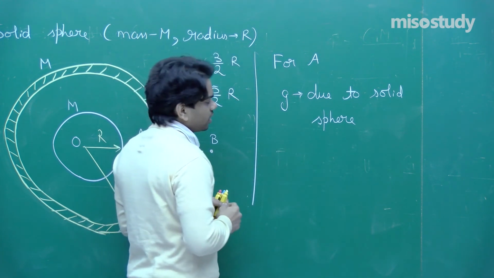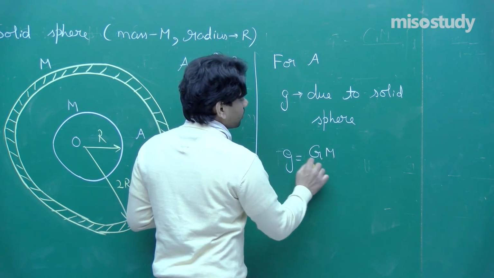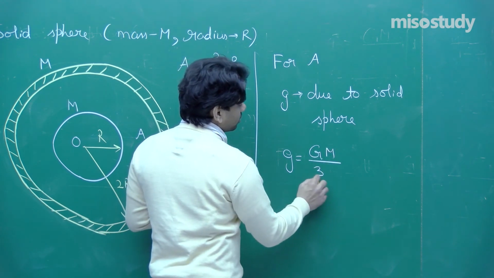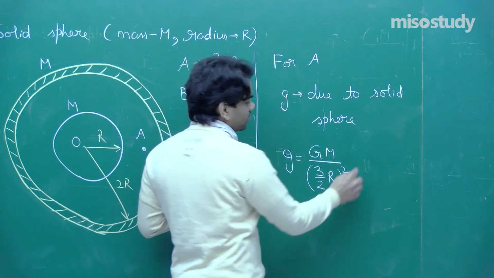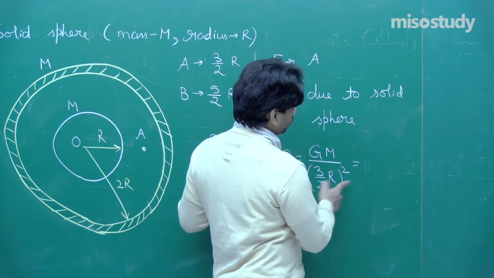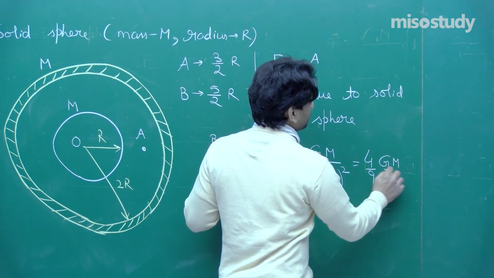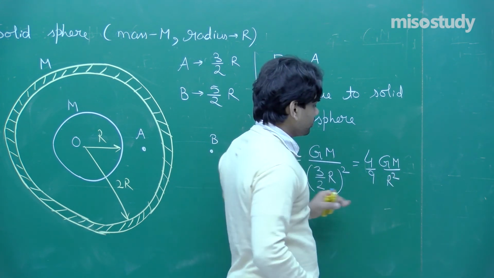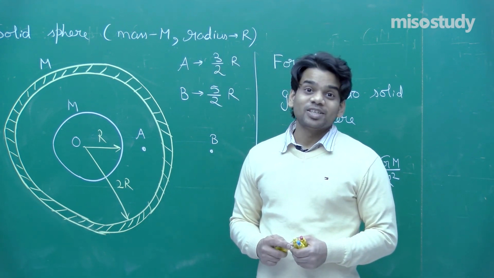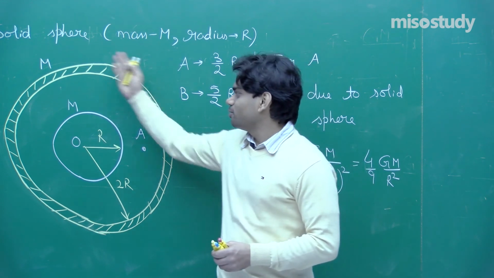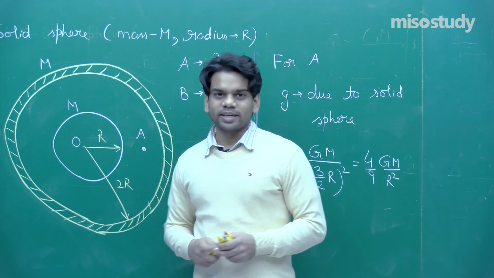So we can write the value of field as GM upon distance whole square, that is 3 by 2 r whole square. This is what has been given. So 2 whole square will be 4, giving 4 by 9 GM by r whole square. This is what we obtain. We are not going to consider the field effect due to the hollow sphere because its effect will be 0. So neglecting the effect of the hollow sphere, we find the value of field only due to the solid sphere at this point.